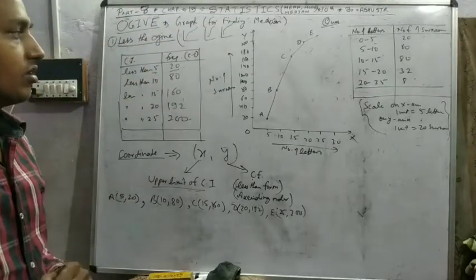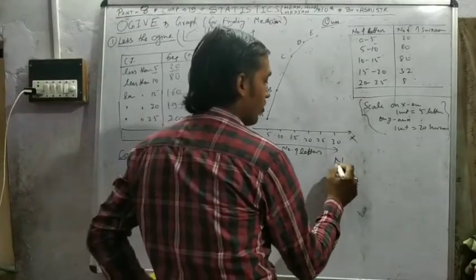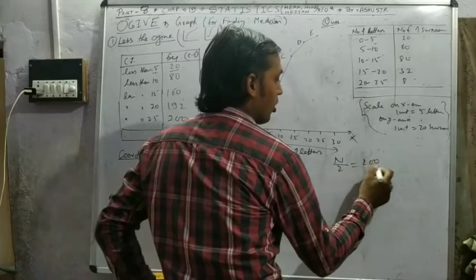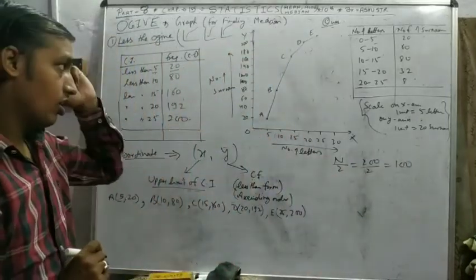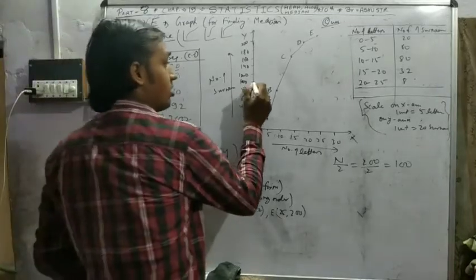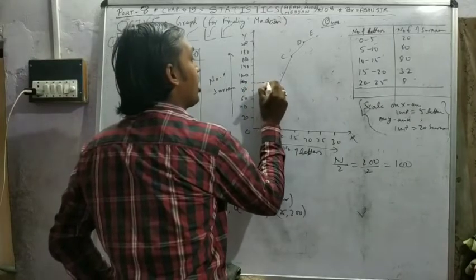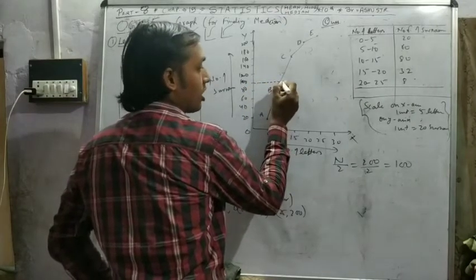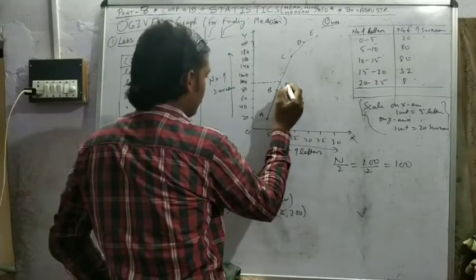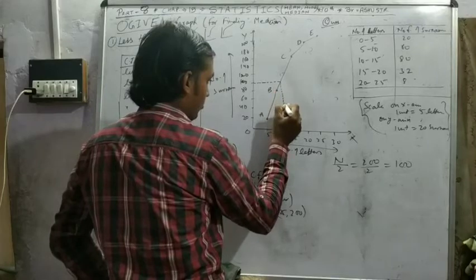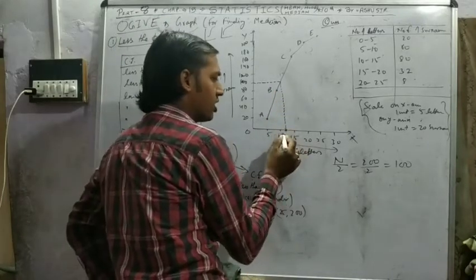For the less than ogive, when you want to find the median, first we find the value of n by 2. 200 by 2 is 100. 200 is the n, so 100. Where is 100? On the y-axis we draw a line parallel to the x-axis, it meets the graph, then drop down.